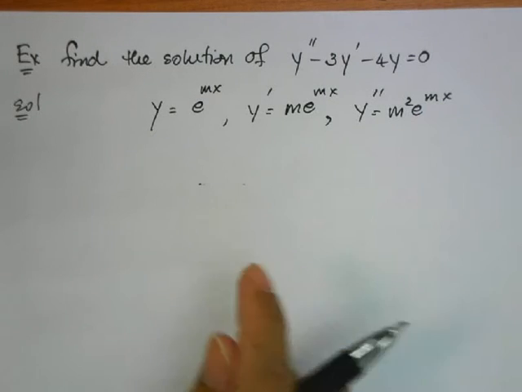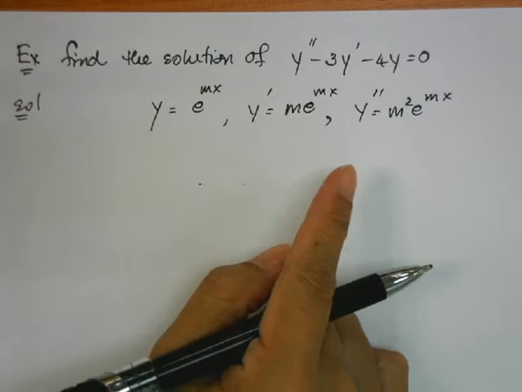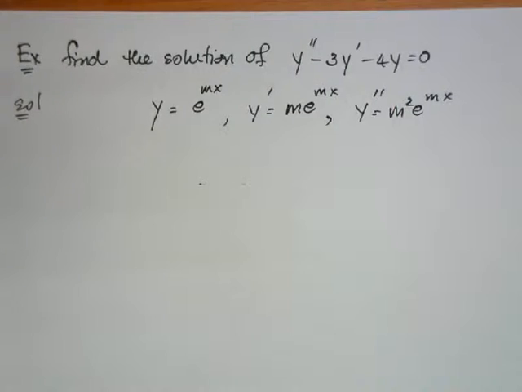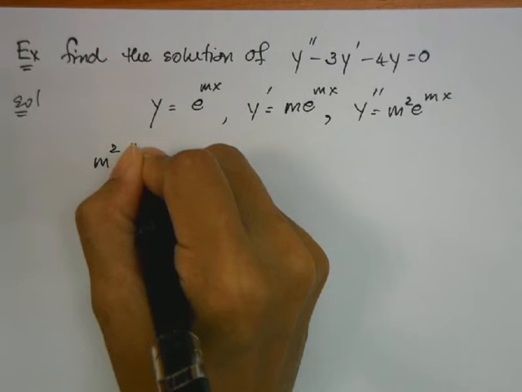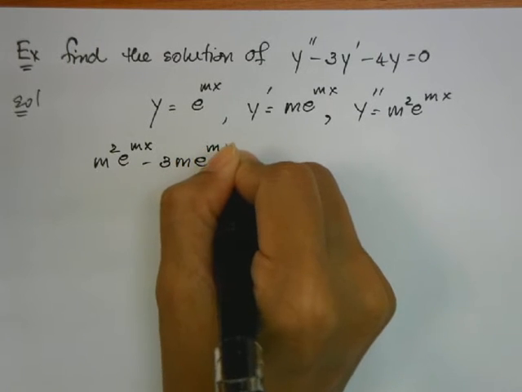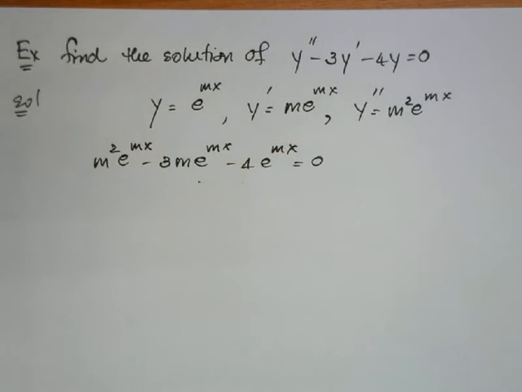Then we plug y and its derivative terms into our differential equation. We would get m squared exponential of mx minus 3m exponential of mx minus 4 exponential of mx equals 0. And then we take exponential of mx out.